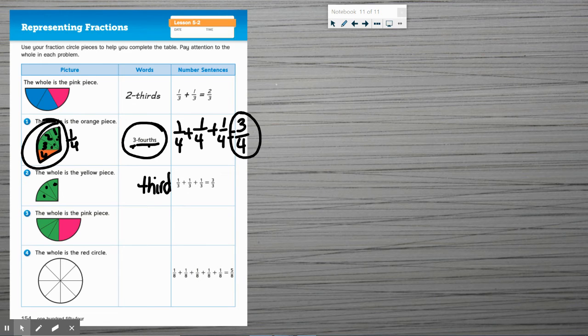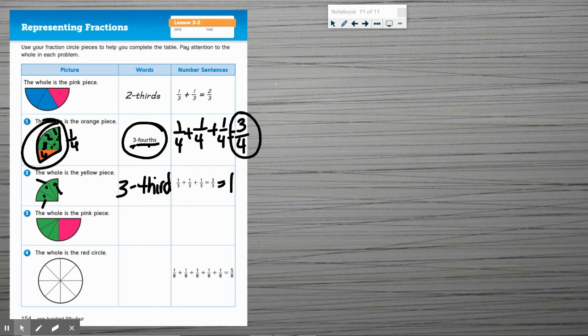Well, how many of them are green? Well, there's 3 of them that are green. So my number sentence is 1/3 plus 1/3 plus 1/3. That equals 3/3. And remember I said 3/3 makes 1 whole. The whole yellow is covered up.